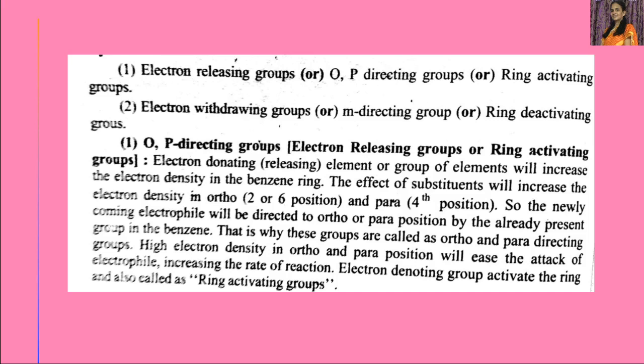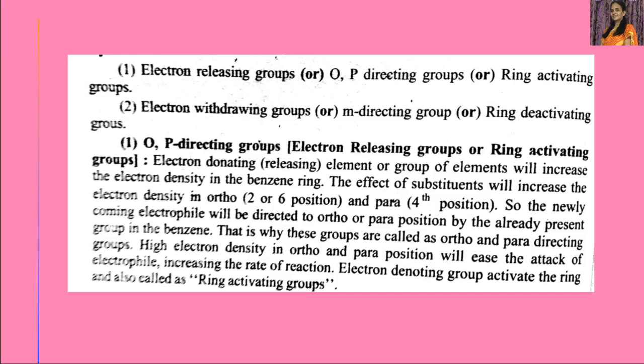Atoms or groups of atoms are the species. Electron donating or releasing species will increase the electron density in the benzene ring. Now let us see the effect of substituents.